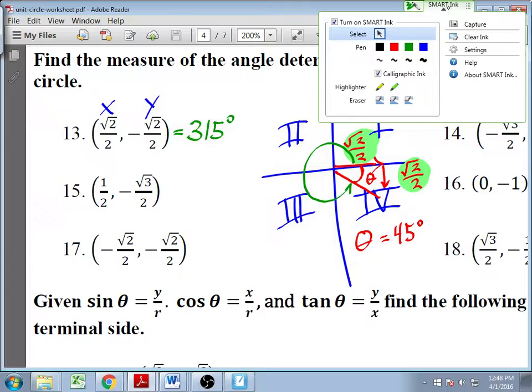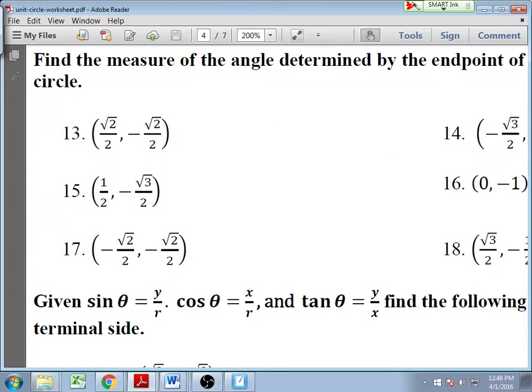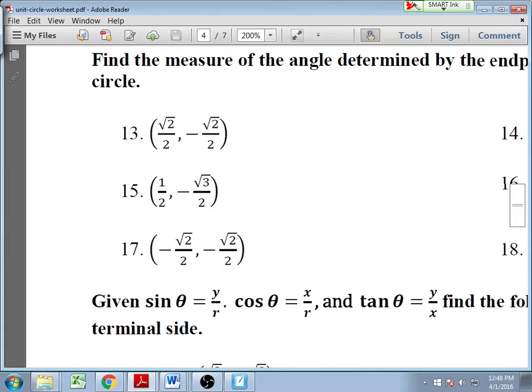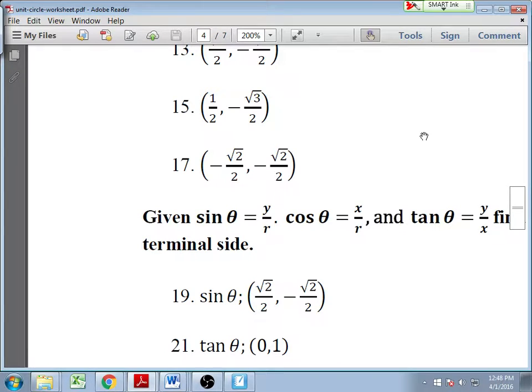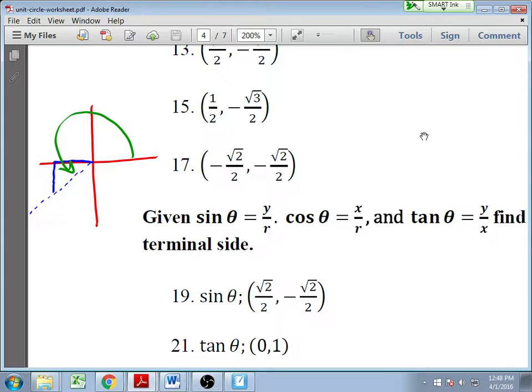Let's do another one here. So 17 is the same thing, but it's in a different location. What I would do off to the side, it's negative x, negative y. So I would draw that, you're going here, there, and it's just 180 plus 45.